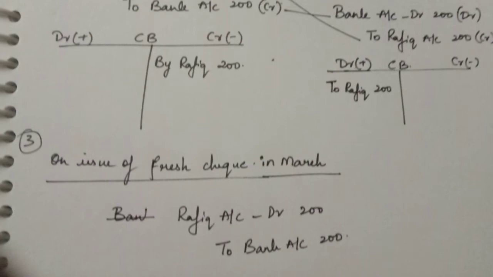Therefore, here also the amounts are getting reversed. First entry, ignore. It is already accounted in the opening balance. It is already recorded in the opening balance.